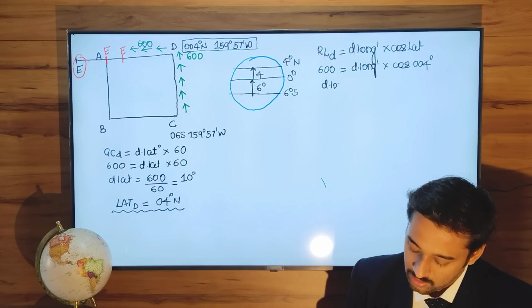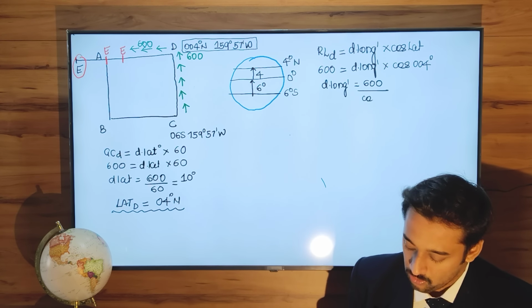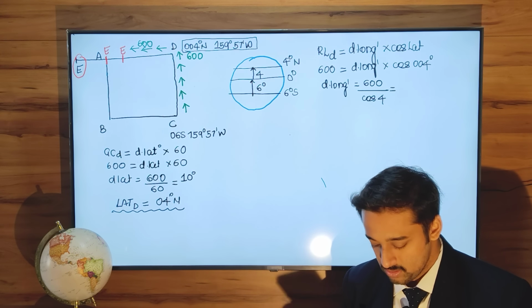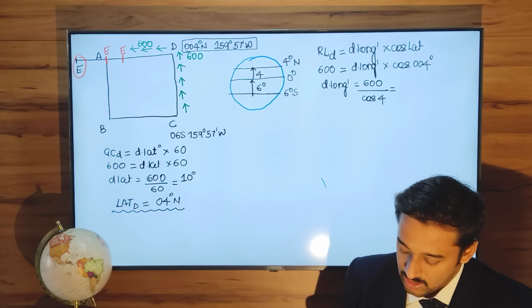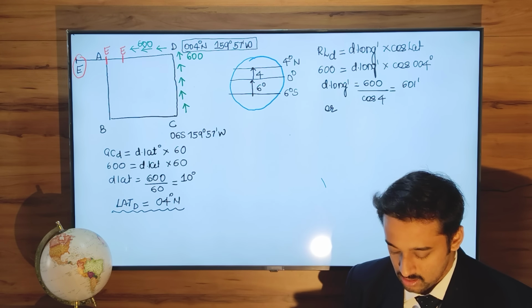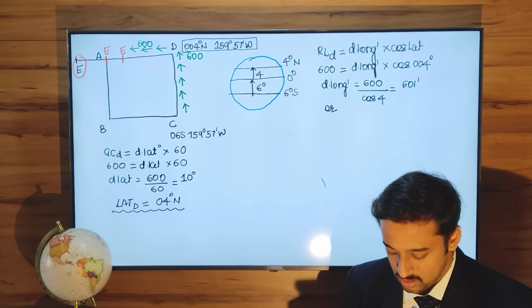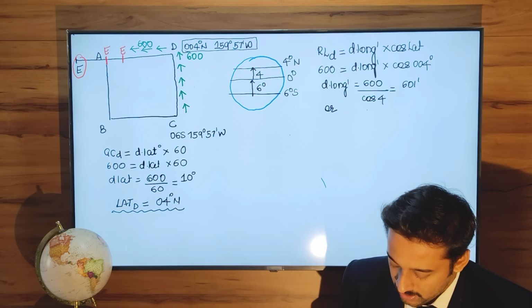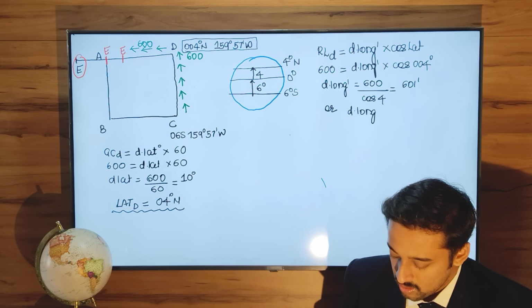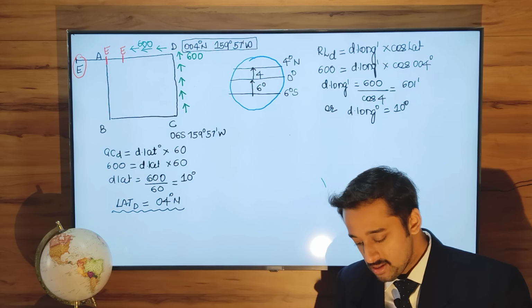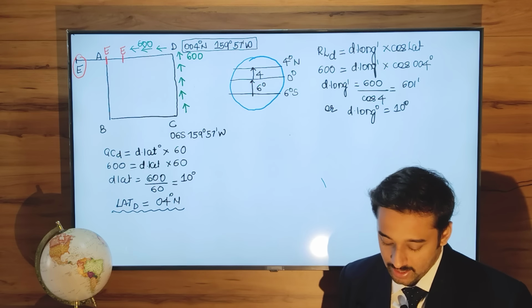So d long equals 600 divided by cos 4, that is equal to 601 minutes, or approximately 10 degrees. So that is the case. d long will be 10 degrees.